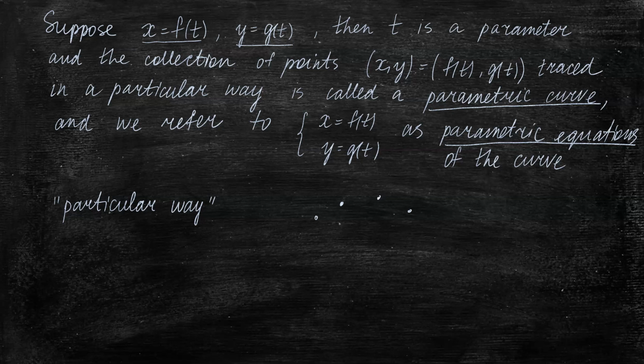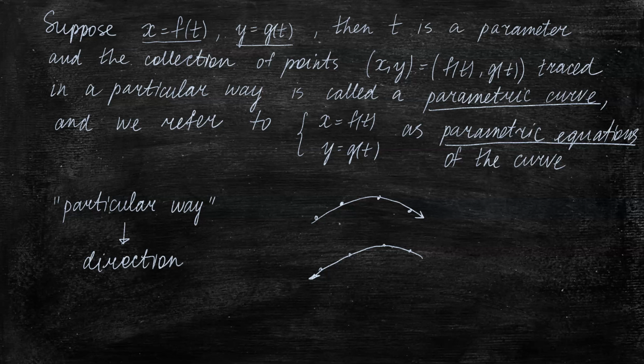If we go from left to right, that will be one way, or we can trace the same 4 points from right to left, and that will be another way. So when we are dealing with a parametric curve, we always have a direction. So a particular way defines a direction.